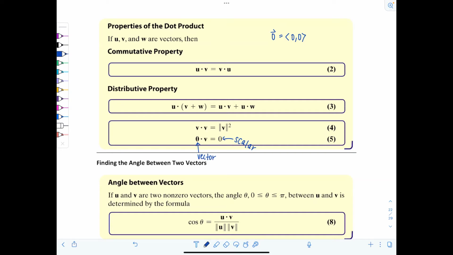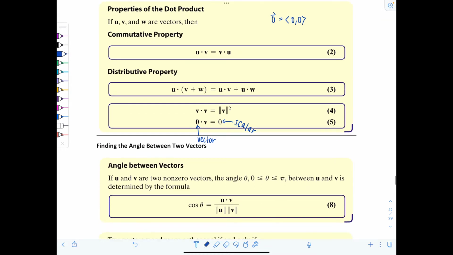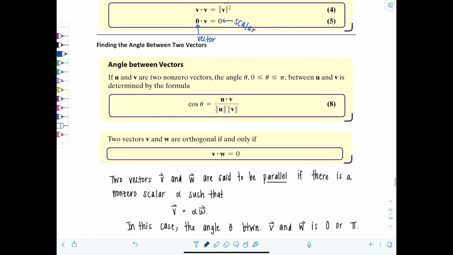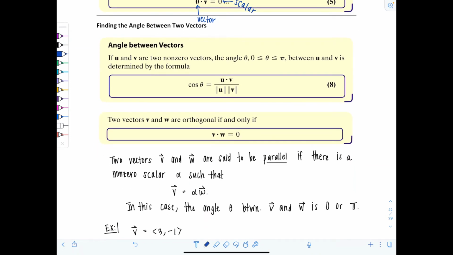Yes, people, love it. One thing that the dot product is especially useful for is finding the angle between two vectors. If U and V are two non-zero vectors, then the angle theta, where theta is between 0 and pi, between U and V is determined by the following formula.